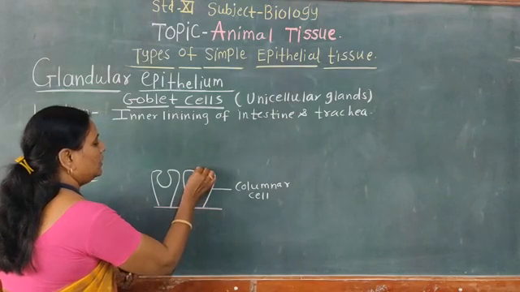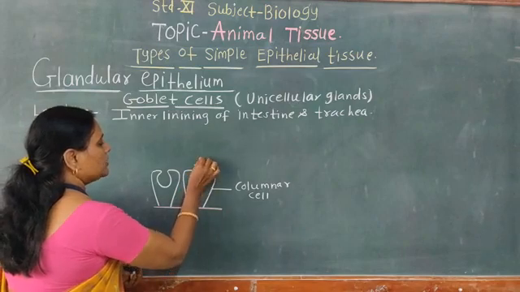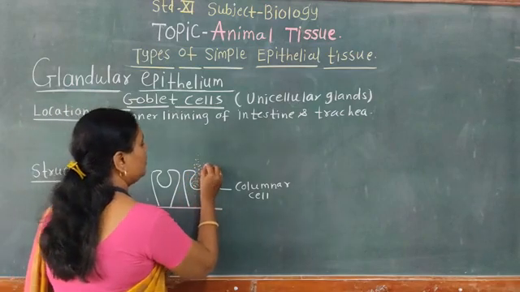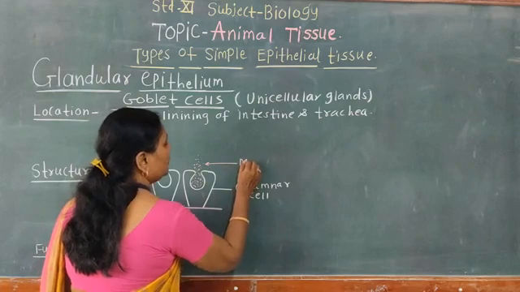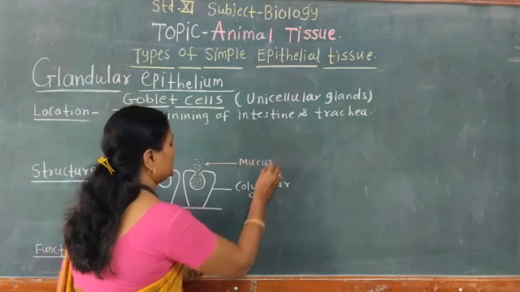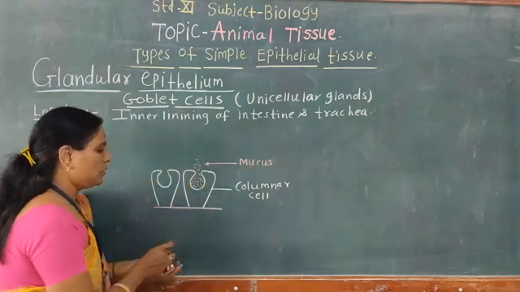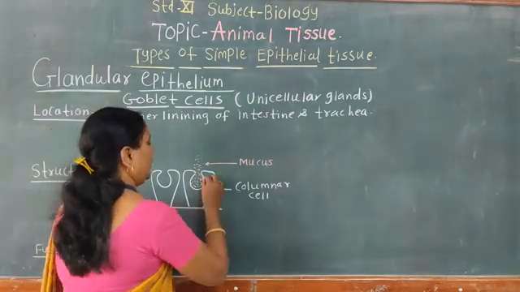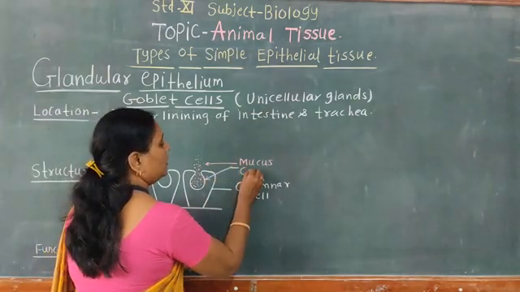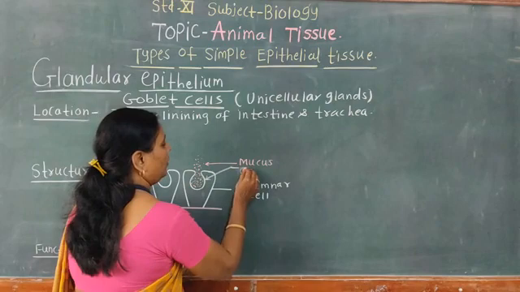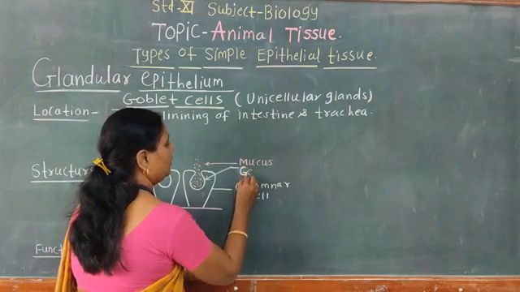It is called a glycoprotein substance. This mucus is present inside the goblet shape, and that's why the cells are distended.